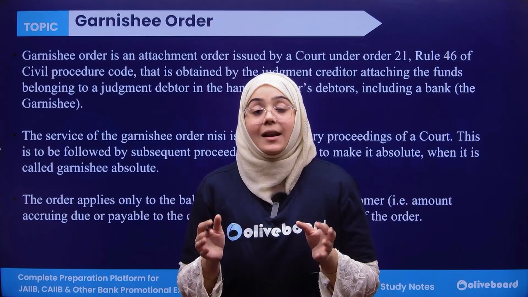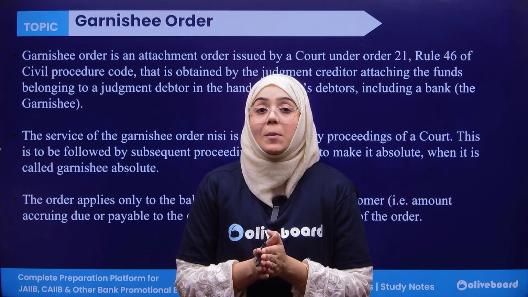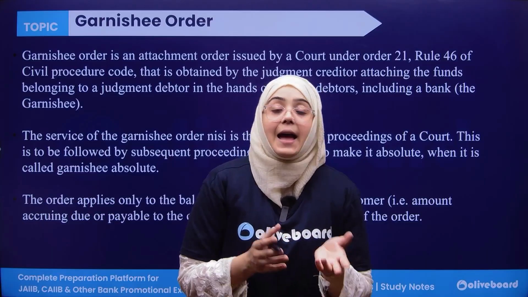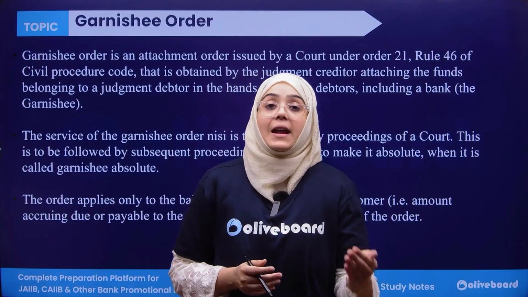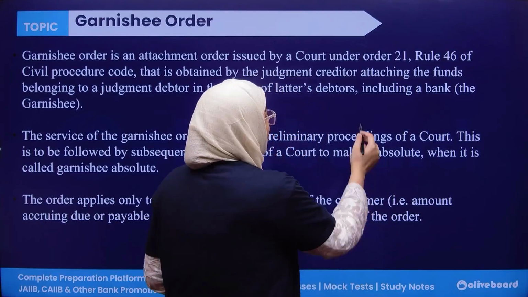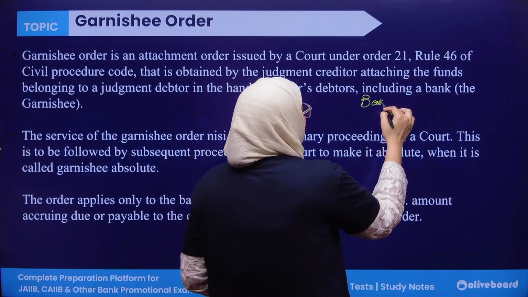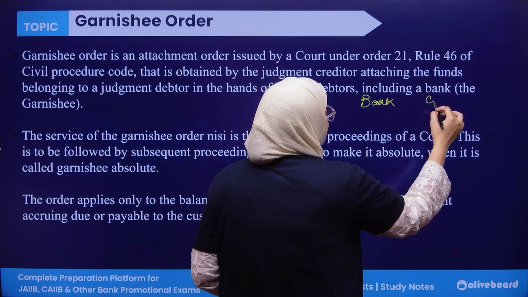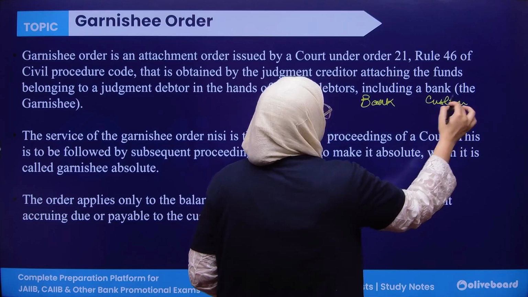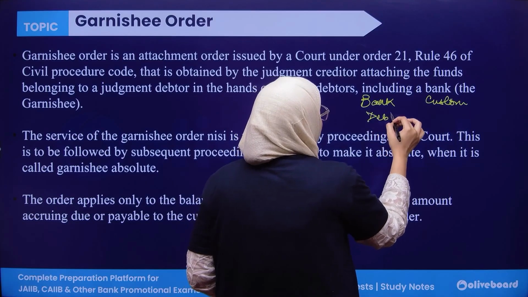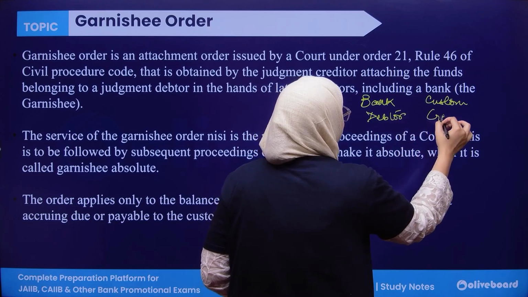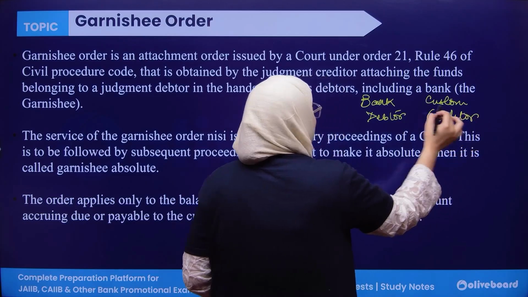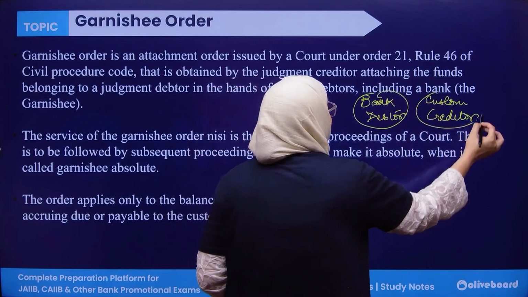And this order is applicable when the relationship between the bank and the customer is of debtor and creditor. Always remember that in this case the bank acts as a debtor and the customer acts as a creditor.